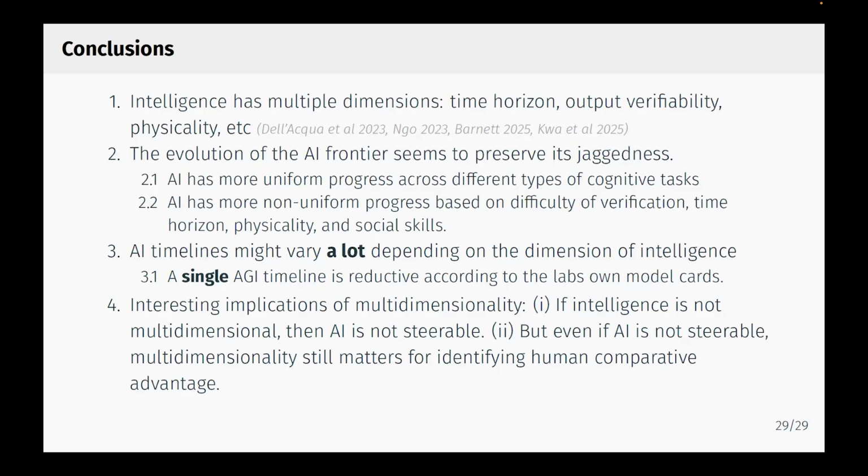One last point, which is different from what we've talked about but intriguing: if intelligence is not multidimensional, then AI would not be steerable. You need multidimensionality for the concept of steering AI in a particular direction, like creating a pro-worker AI, to make any sense. But even if AI is not steerable, suppose, to your question, it didn't matter what the labs want to do and AI progress was just a fact of nature, the ocean was going to flow, multidimensionality would still matter for human comparative advantage.